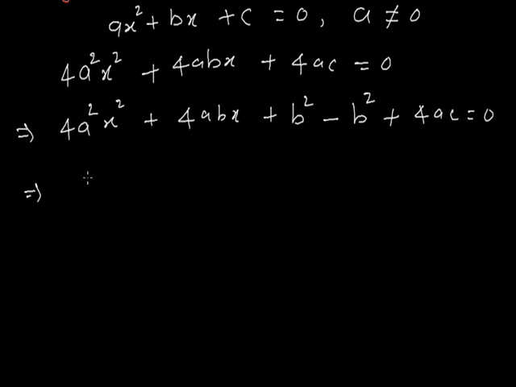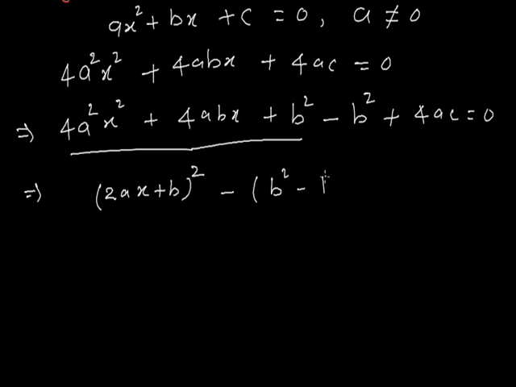Here we find that this term is a complete square of 2ax plus b, minus b square minus 4ac equal to 0.